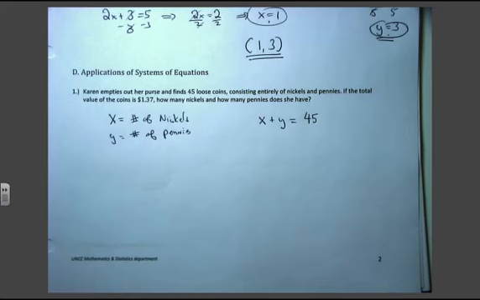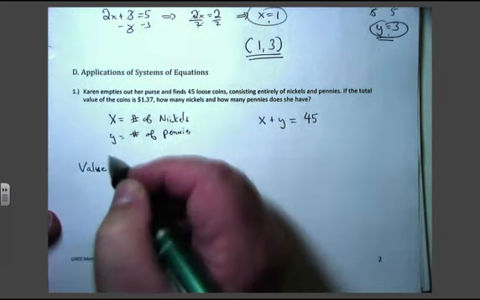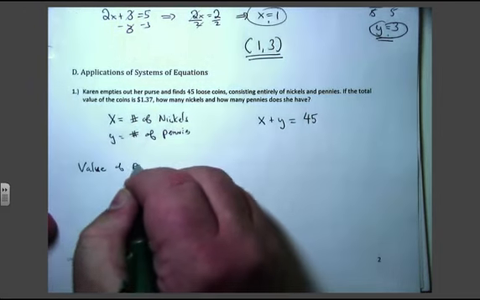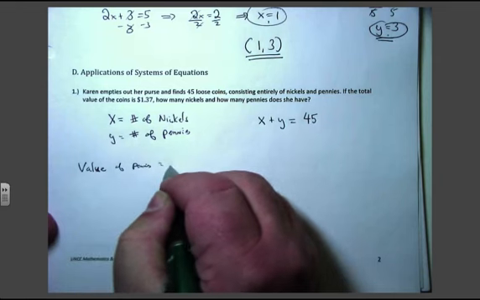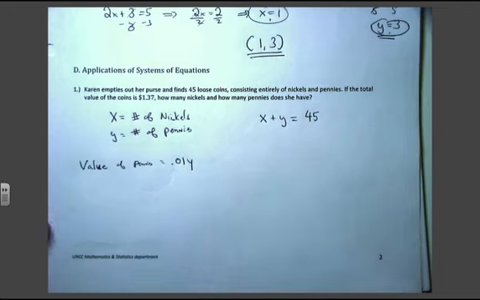The other part is the total value of coins is $1.37. So now we're talking about value. What is the value of a penny? 1 cent. So the value of the pennies is going to be equal to 0.01, 1 cent, times y, the number of pennies I happen to have.